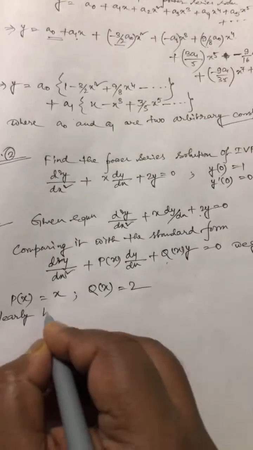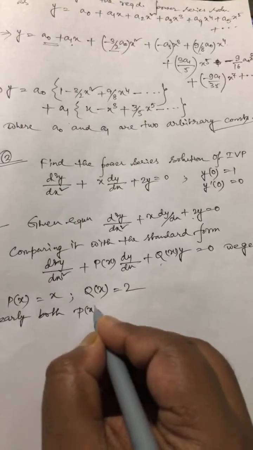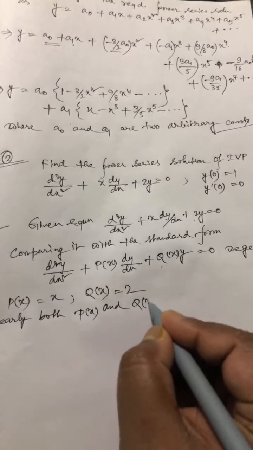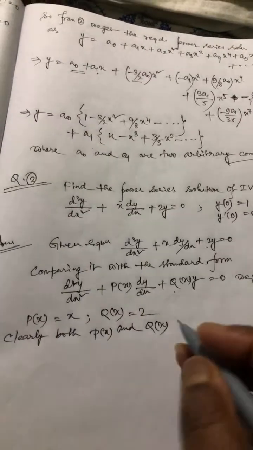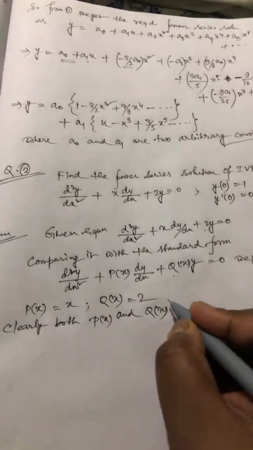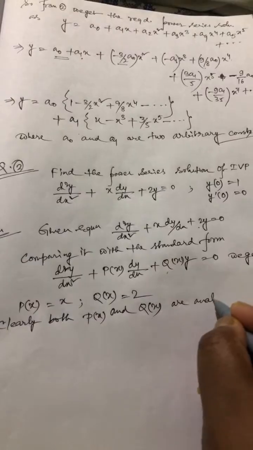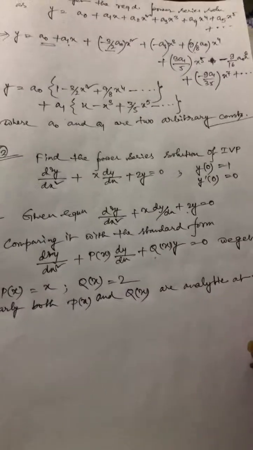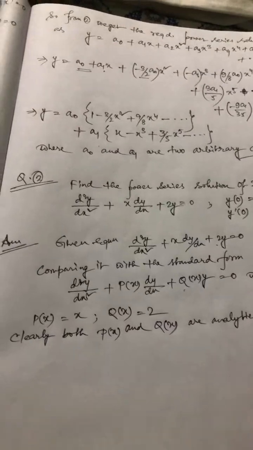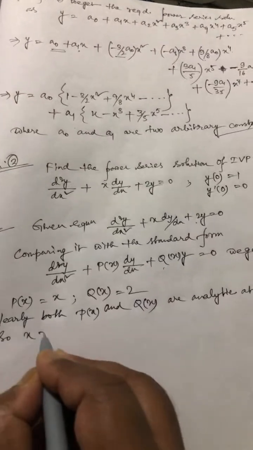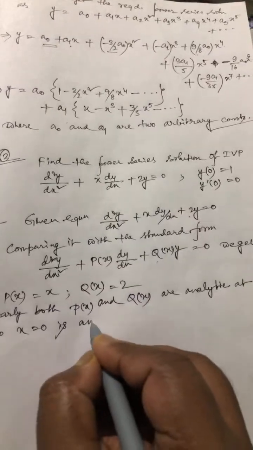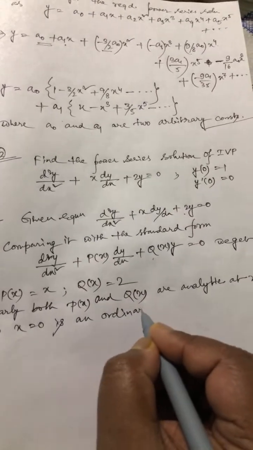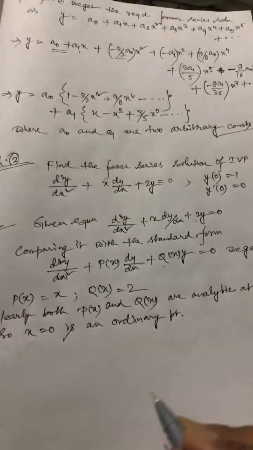Clearly both px and qx are analytic at x equal to 0. So x equal to 0 is an ordinary point.